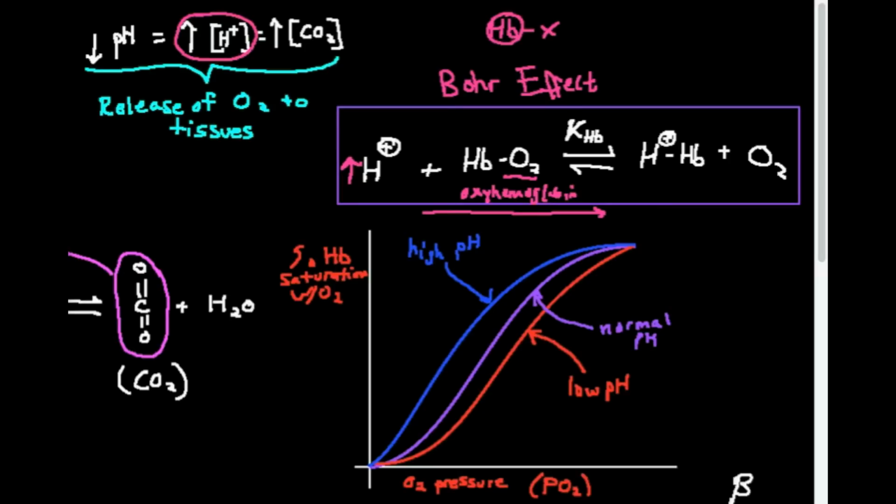If I add one reactant in a large excess, I shift the reaction to the right. That's Le Chatelier's principle. What's on the right side? Well, I have the hydrogen ion bound to hemoglobin, but notice the oxygen is released. In other words, whenever I have really low pH, that causes a shift, and this is the Bohr shift towards the right here, which means oxygen dissociation. And that occurs near the tissues.